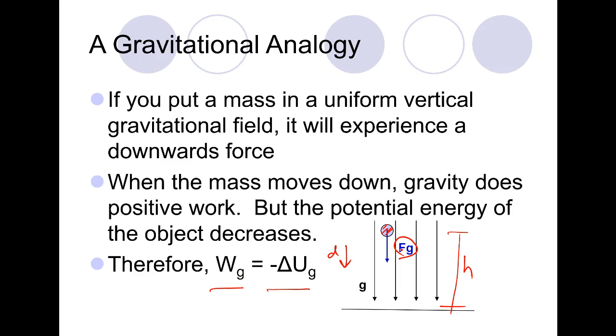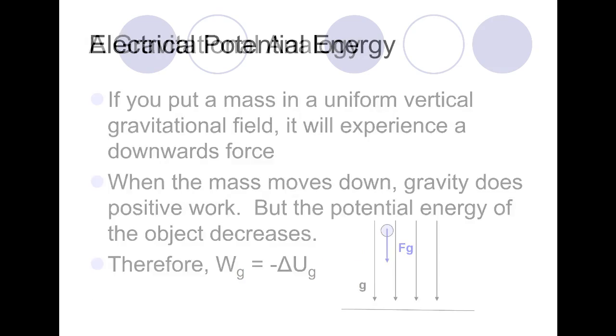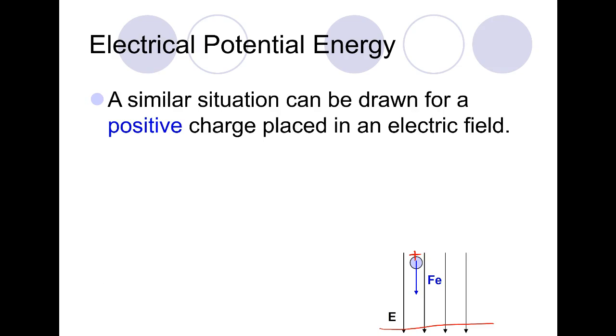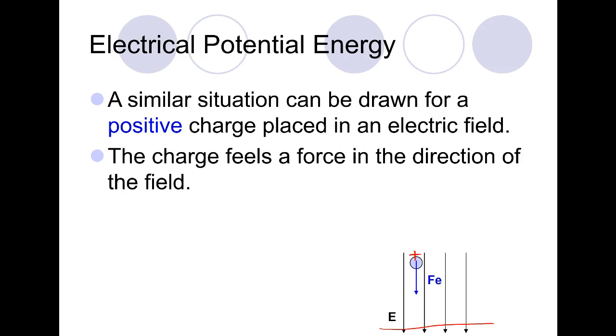Now think about this in terms of charges. Here's another constant field. My ground got cut off, but my ground is right there. So I have a charge, and for now, this is a positive charge in this electric field. If we have a positive charge placed in this constant downwards electric field, the charge feels a force in the direction of the field.